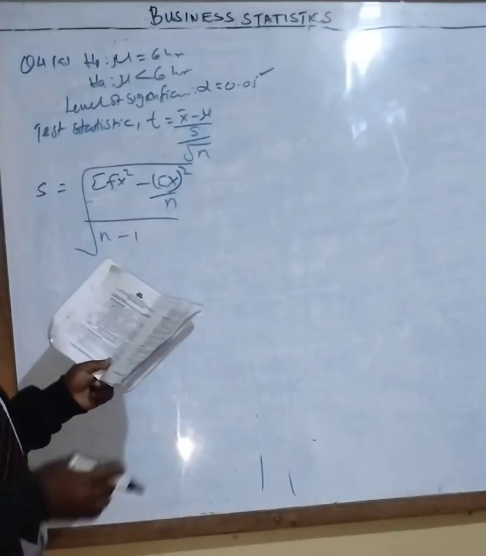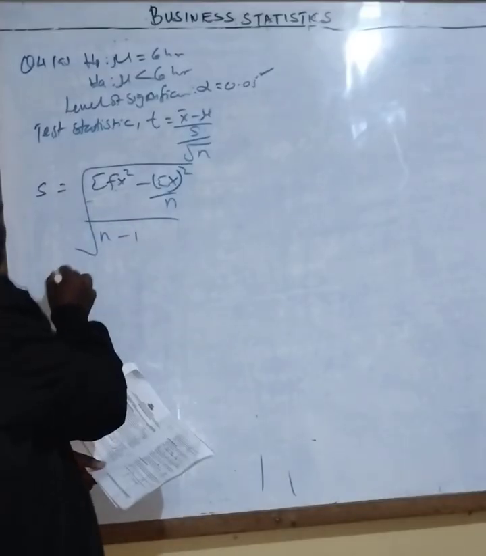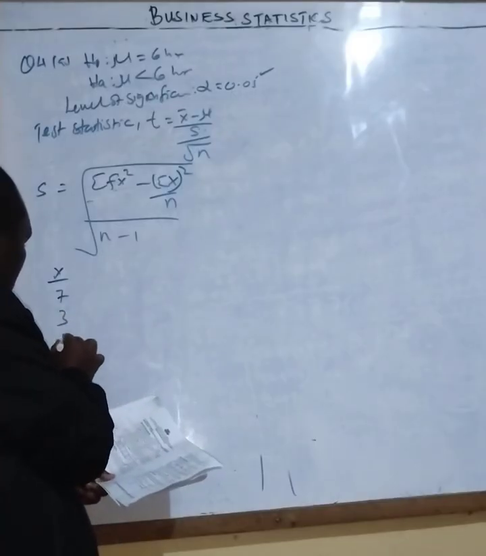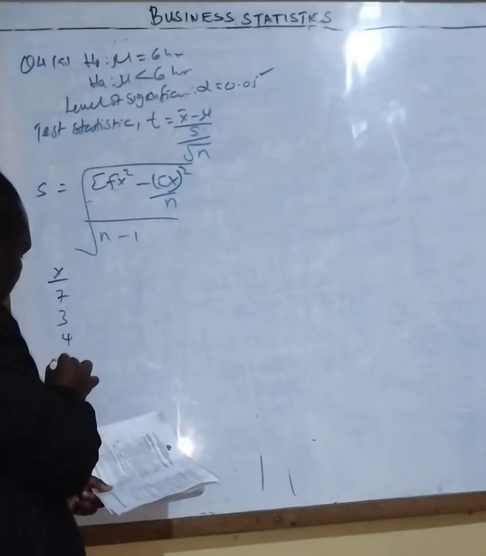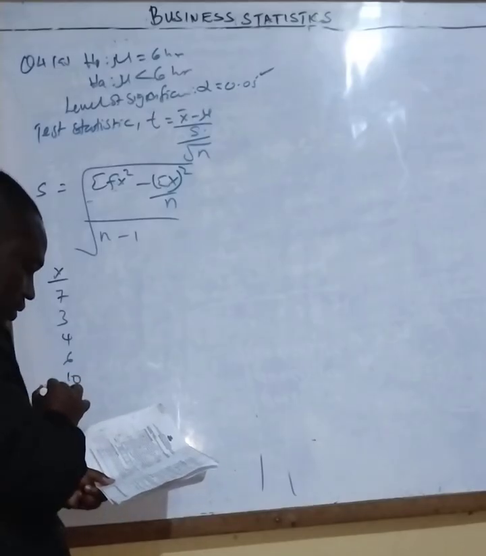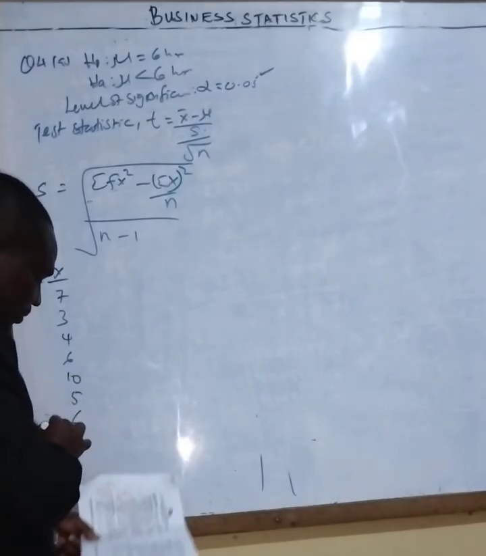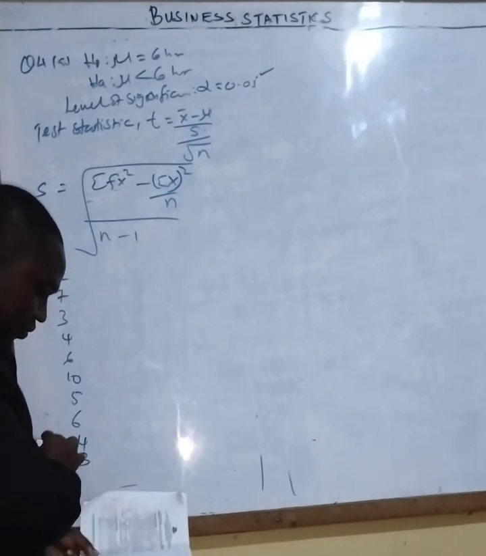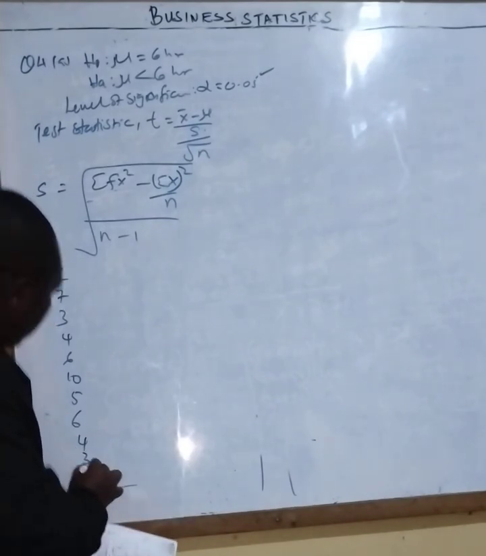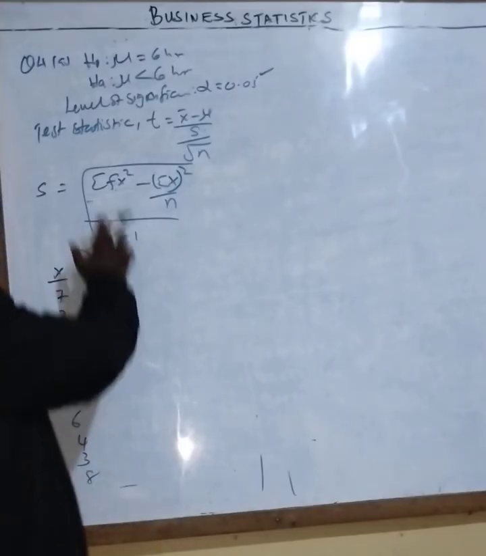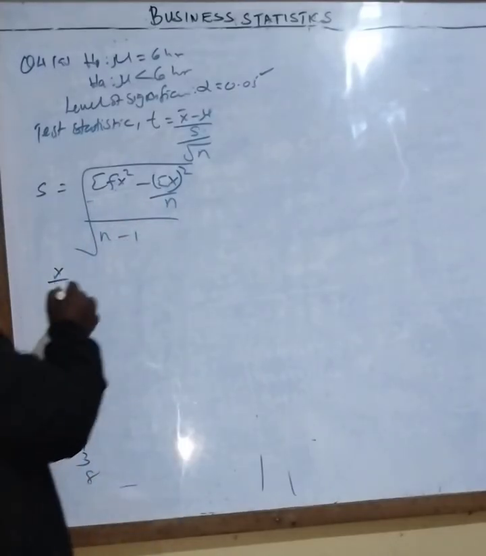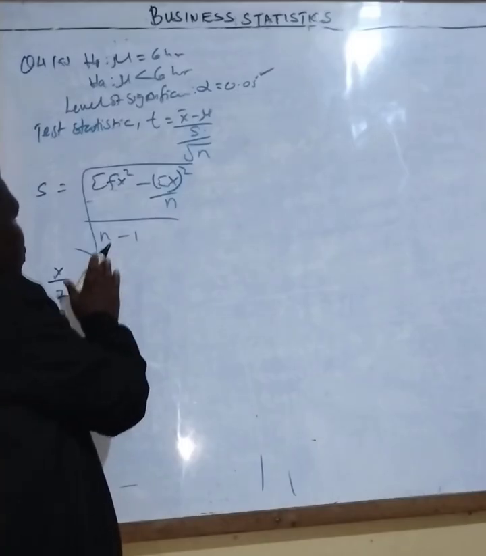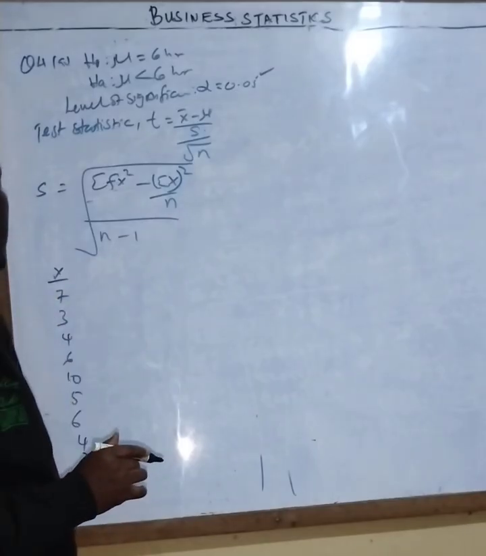Now, I need to use the table that I've been given, which is now x, in this case is 7, 3, 4, 6, 10, 5, 6, 4, 3, 8. Okay, I have the x. So I need the x square, and the summation of x square.